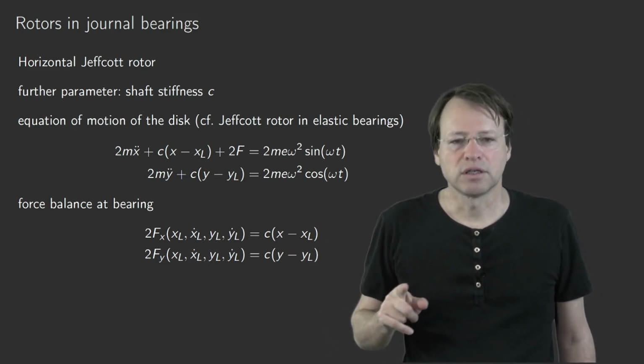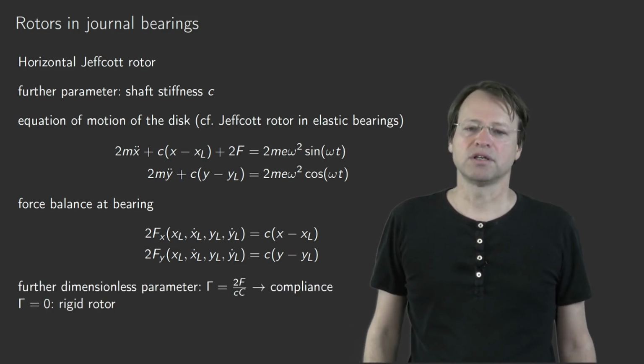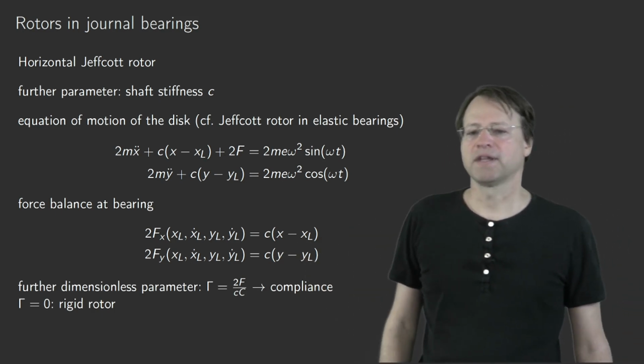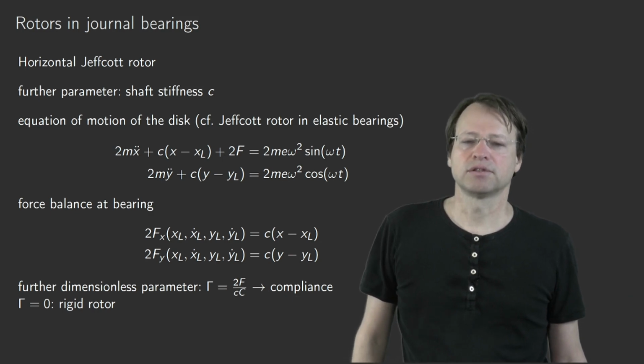Now, what is done in the literature is that the inverse of this value is taken. Why? That parameter is then a compliance. It's called gamma, because gamma equal to 0 represents the rigid rotor.